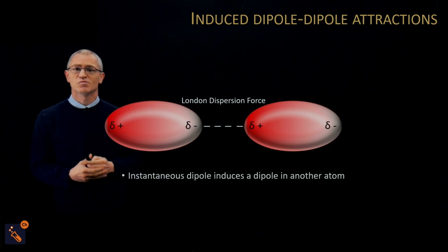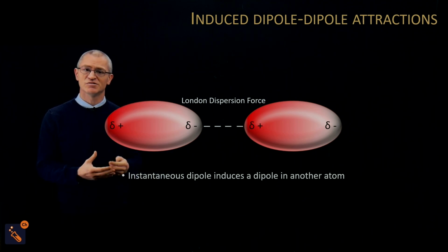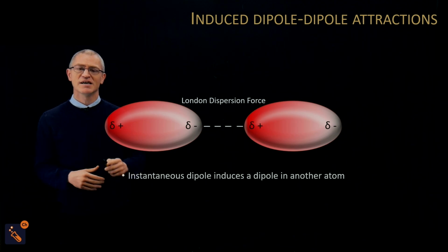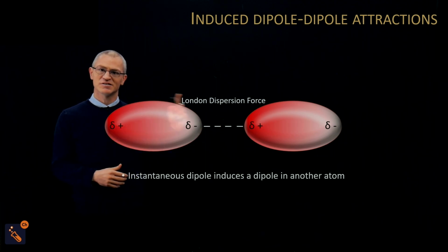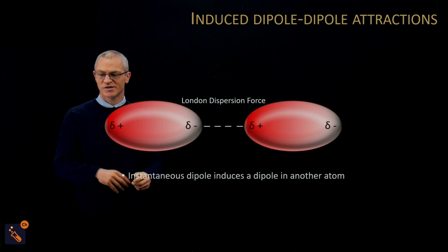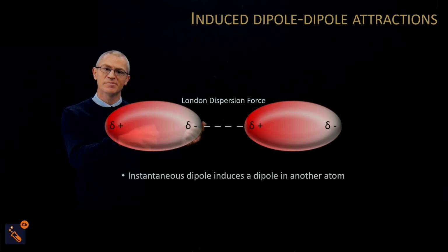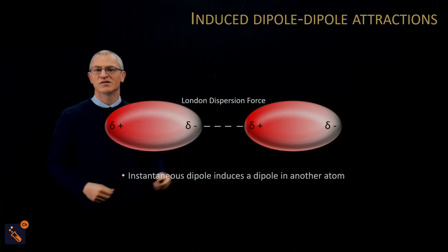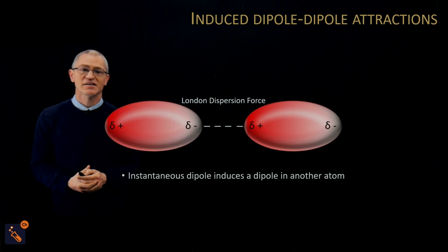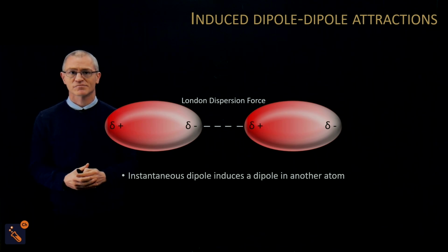So it's when an instantaneous dipole induces a dipole in another atom. And this happens in atoms, in simple molecules, all the time. So basically the electrons are moving all the time, so these things will appear and disappear all the time. And this is what attracts molecules to each other.